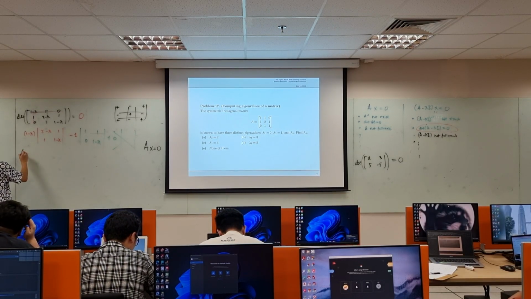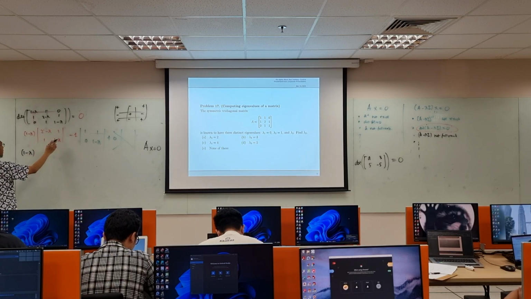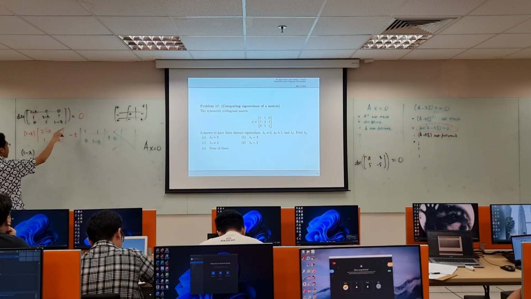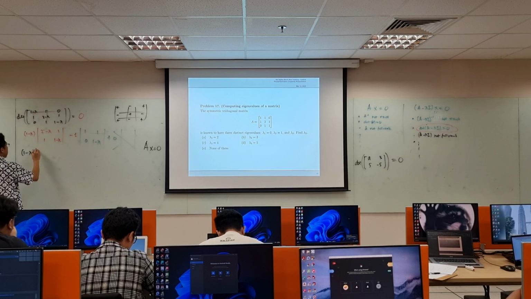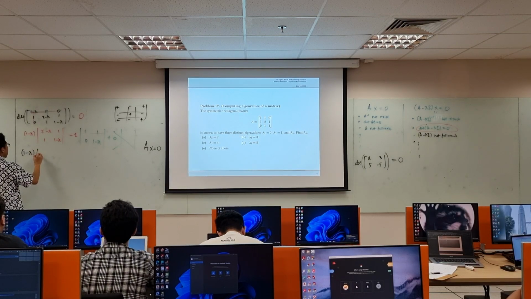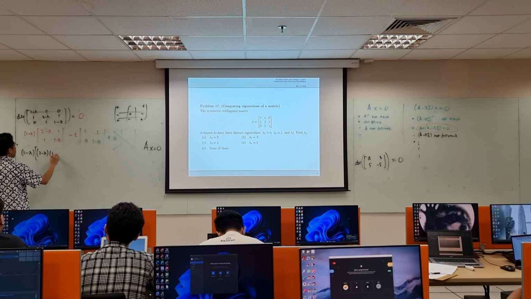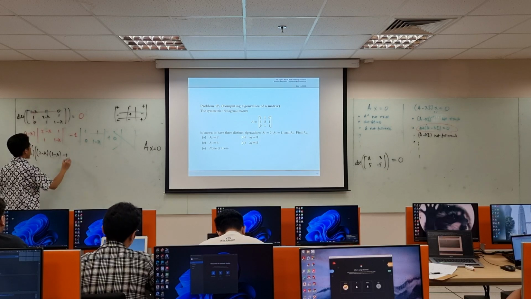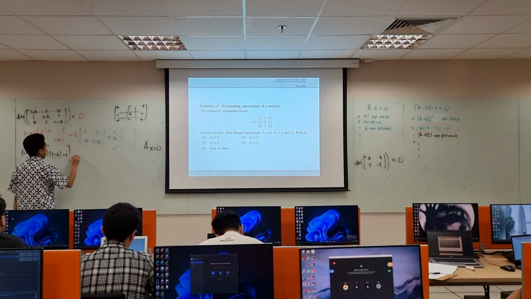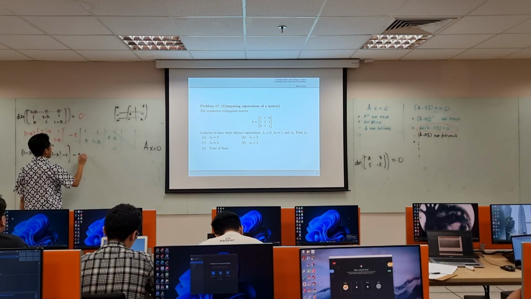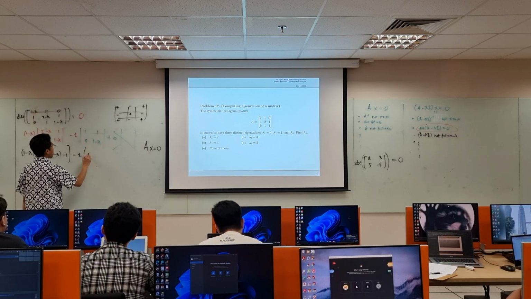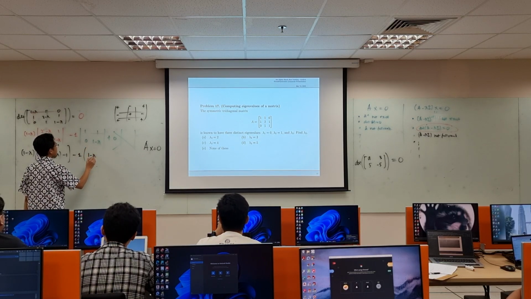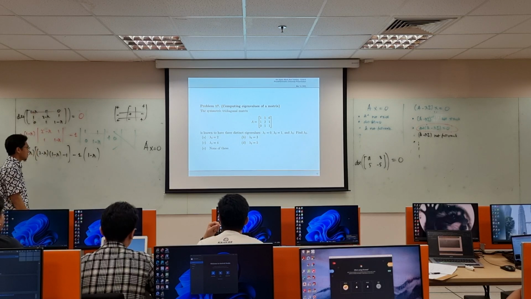So what we have is 1 minus lambda times the determinant of this one, minus 1, multiplied by 2 minus lambda, 1 minus lambda, minus 1. And then minus 1 multiplied by 1 minus lambda. That's it.